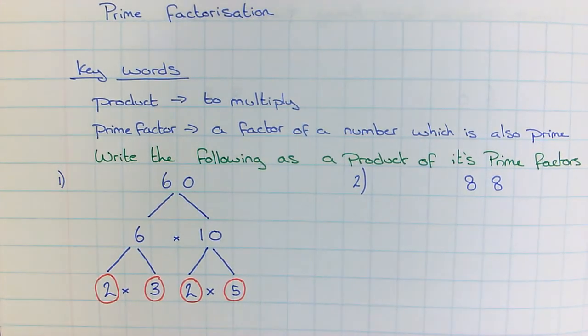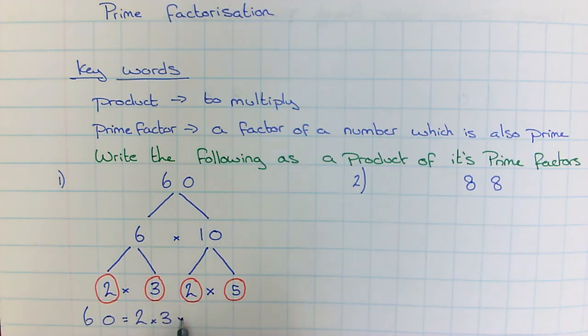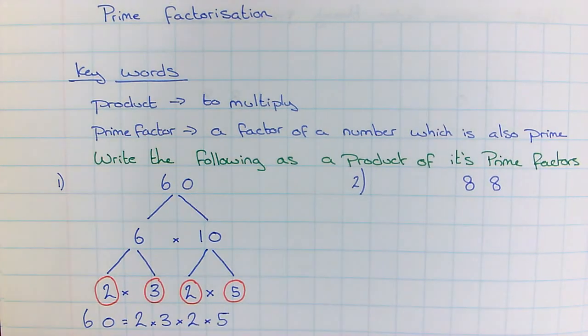Now back to the question. It said write the following numbers as a product of its prime factors. Product means to multiply, so anything that's been circled, we need to write that as our answer. So 60 equals 2 times 3 times 2 times 5.